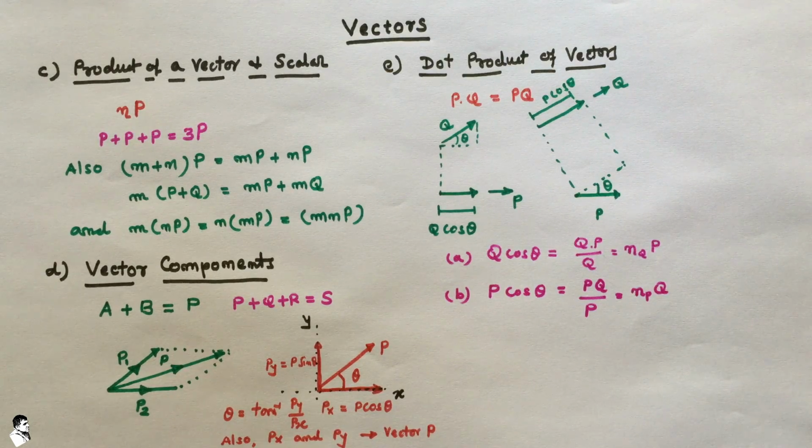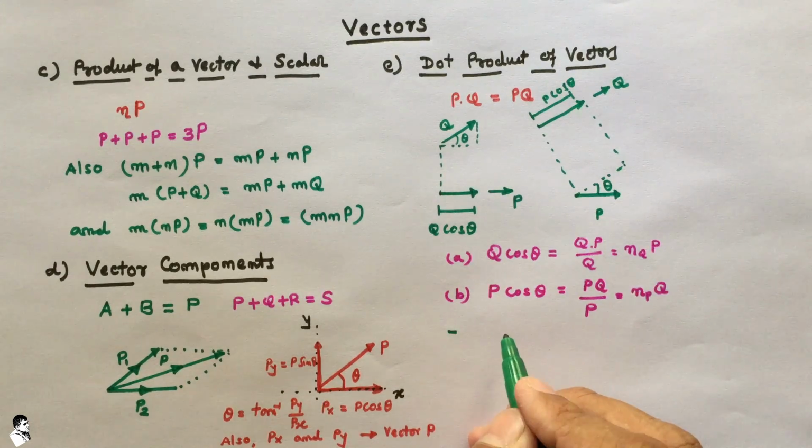Also, the component of any vector in a given direction is the dot product of the vector with a unit vector in that particular direction. So from the definition we have the following properties of the dot product, which may be noted.